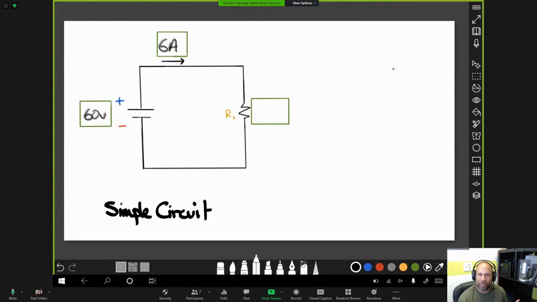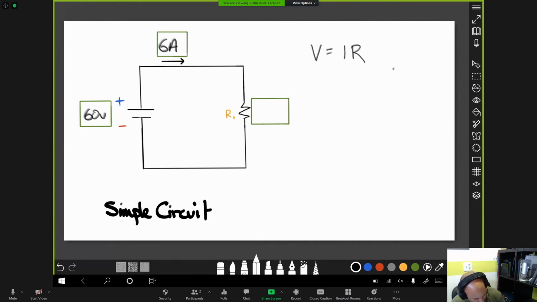And the rate of flow is 6 amperes, 6 amps. With these two pieces of information, knowing how much force is pushing our electrons and the rate at which they're flowing through a specific point in the circuit, we can also decipher how much resistance, how much pushback, how much friction is going on within our simple circuit. And that's what we're going to figure out right now.